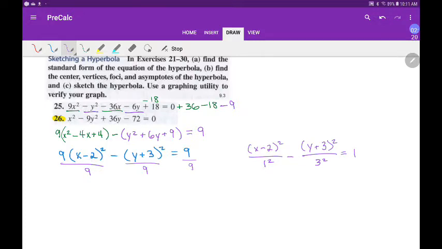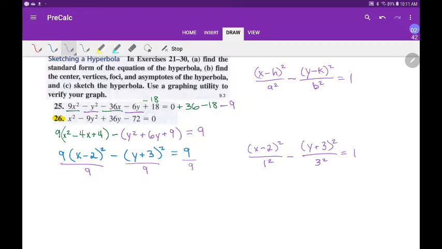So this looks like the horizontal version: x minus h squared over a squared, because a goes with the one in charge for the hyperbola, y minus k squared over b squared. And b is allowed to be bigger, and it is.